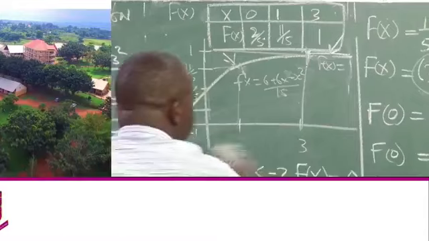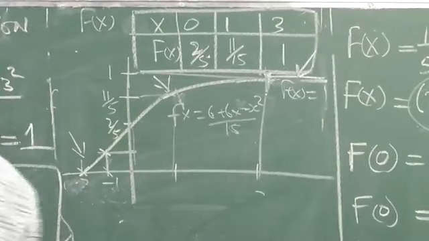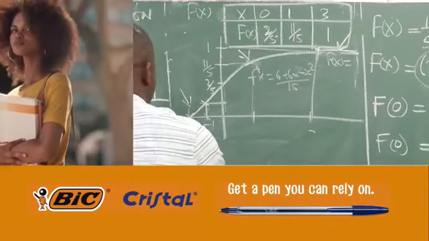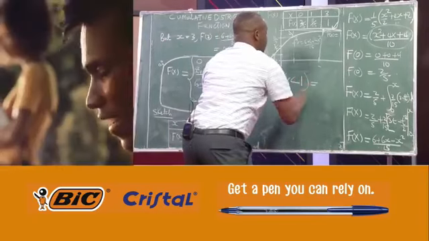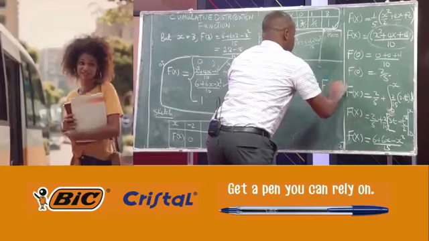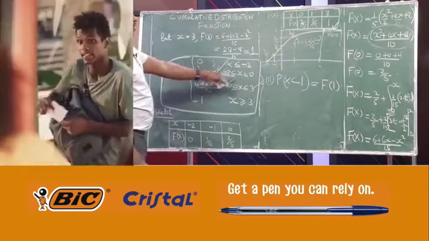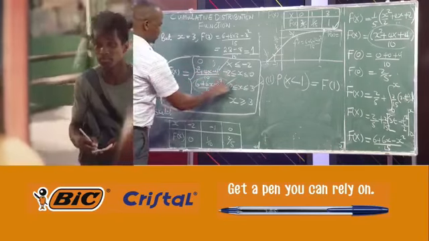I want to emphasize the next part. If they say P of X less than 1, this is simply equivalent to the function, and you put in 1. But if you look at the function, 1 is in the second range.